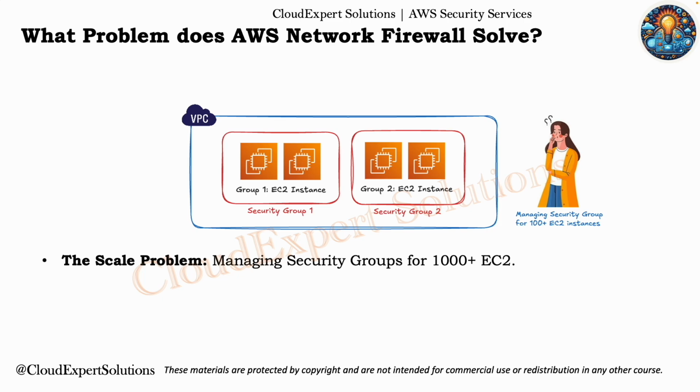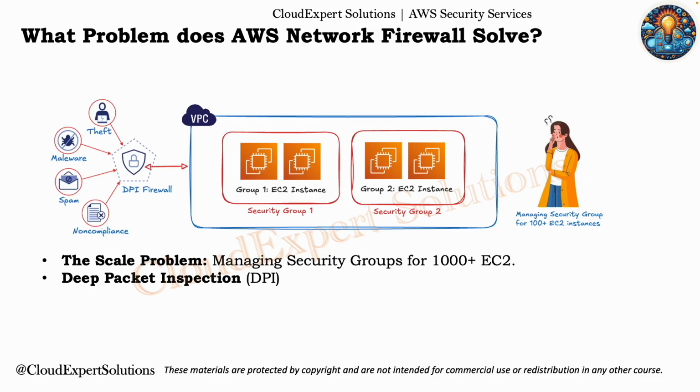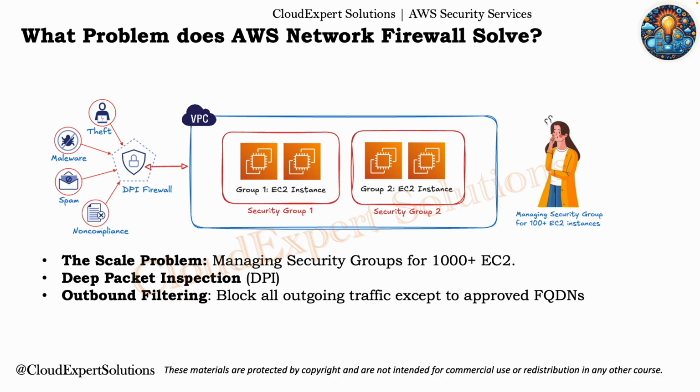Security groups are basic and they only check IP addresses and ports. They cannot stop an instance from phoning home to a malicious domain. On the other hand, enterprises often need to block all outgoing traffic except to specific approved domains or FQDNs, and inter-VPC security, or east-west traffic security between different VPCs, is again a challenge.